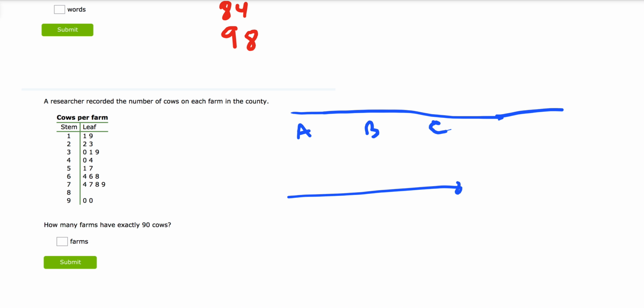Keeps traveling, all these different farms, like L and M and N. And he's like, whoa, farm A looks like it has 39 cows. And then farm B has 11 cows. And farm C has 90 cows.